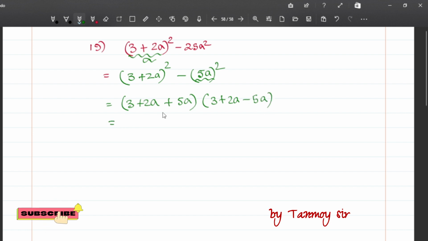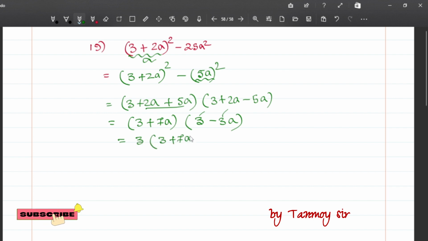Here in both brackets there is a small calculation because of the like terms: 2a plus 5a, that is 7a, and 3 minus 3a. Now you can take common 3 from the second bracket because 3 is a factor, so that is your answer.